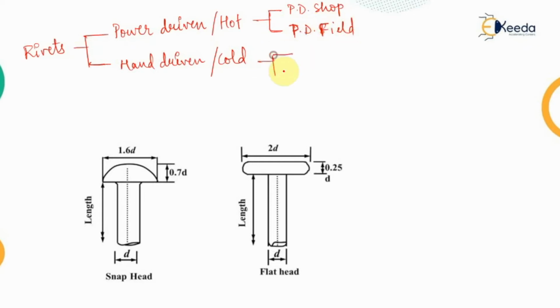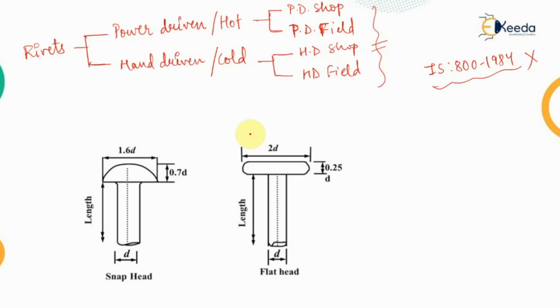Similarly, hand-driven rivets can be classified into two categories: hand-driven shop rivet or hand-driven field rivet. This is the major classification, and since it was dealt with in IS 800 1984, which was the earlier code for steel structures and is not used nowadays, we are not discussing the rivet connection in detail.